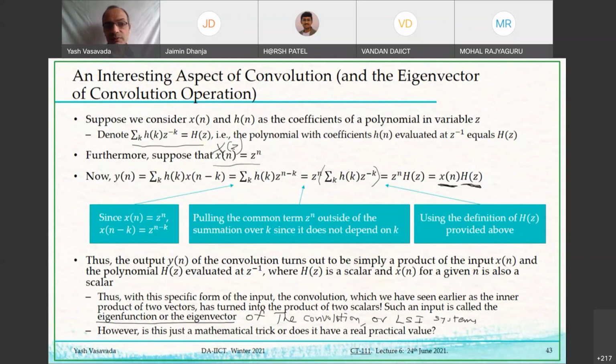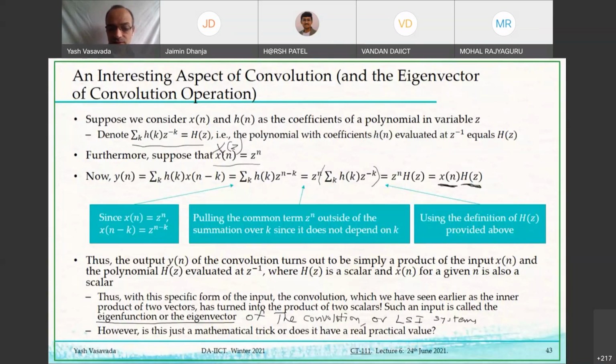Somebody who first came up with this observation must have been a very smart mathematician, because the conclusion is that, unlike how it typically happens when you convolve two different sequences and you get a third sequence which is completely different from either one of them, in this case, the output of the convolution is a lot like the input.